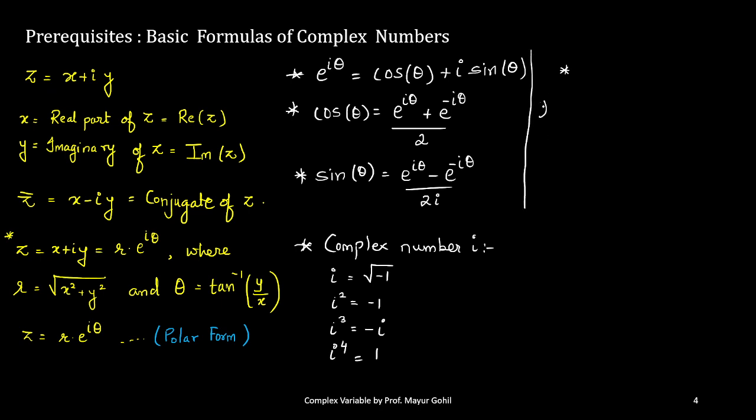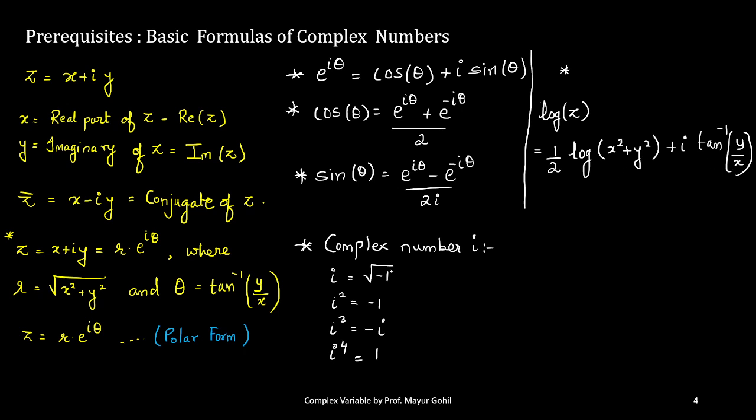So the formula is log of z is equal to half of logarithm of x square plus y square plus i times tan inverse y over x.